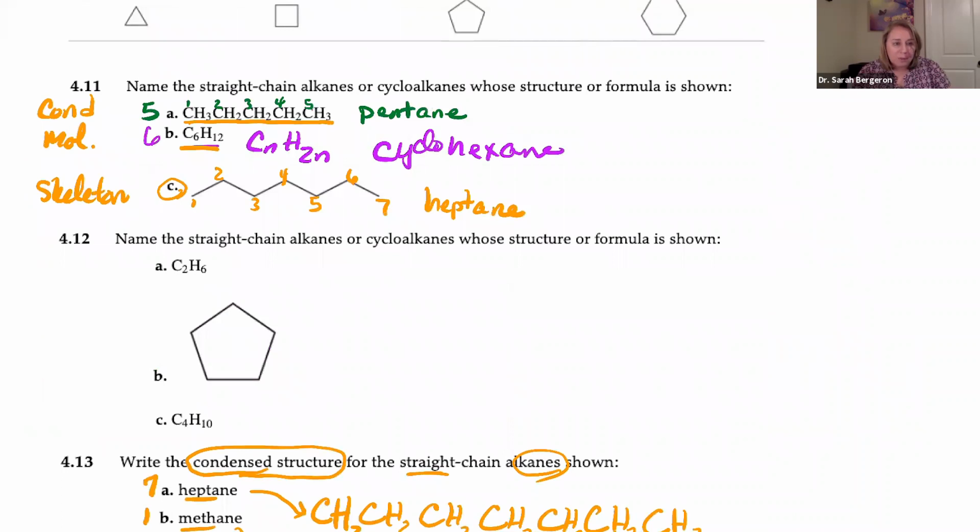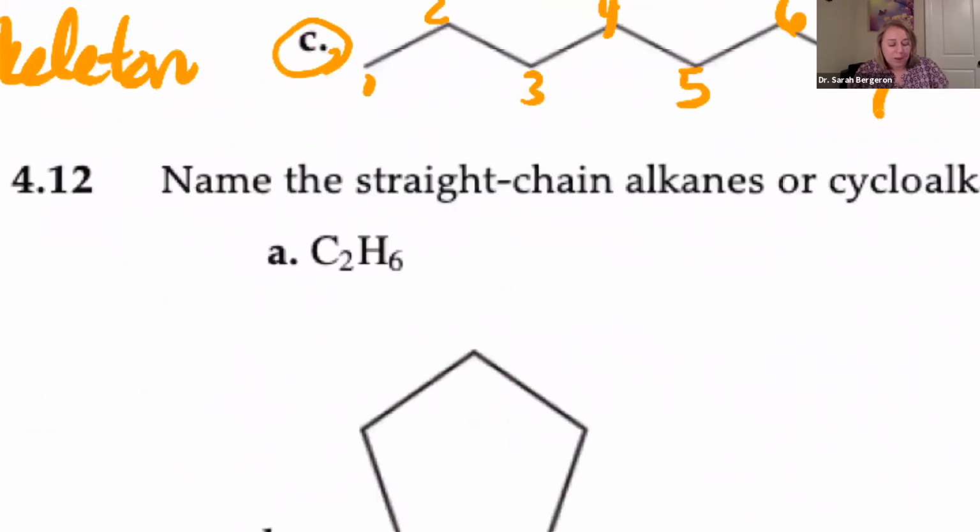Okay, the first one we have to do is 4.12. Name the straight chain alkanes or cycloalkanes whose structure or formula is shown. C2H6. How can I know if that is a cycloalkane or an alkane? Well, I have to look at my formula.